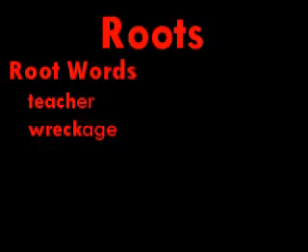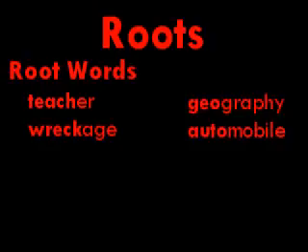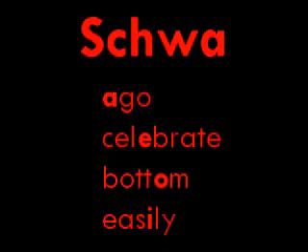Roots. This can be a word like teach in the word teacher or wreck in the word wreckage, or not, like geo in geography and auto in automobile. 17. Schwa. This is the vowel sound in an unstressed syllable. It makes the uh sound. Some examples are go, celebrate, bought, and easily.